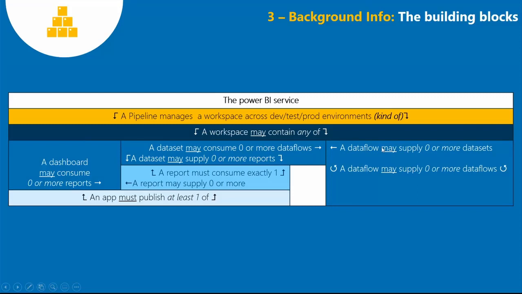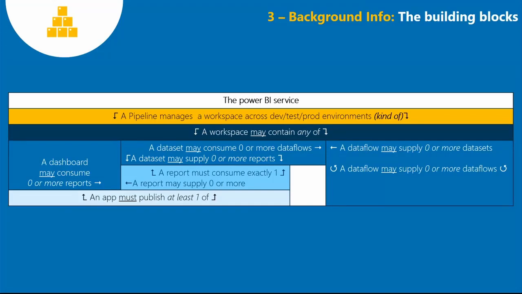It can contain data flows. Data flows are sort of standalone in this picture, and a data flow can act as a source for either a data set or another data flow. And basically what it allows you to do is extract some of your transformation logic out of data sets if you want to duplicate the results, but you don't want to duplicate your code.